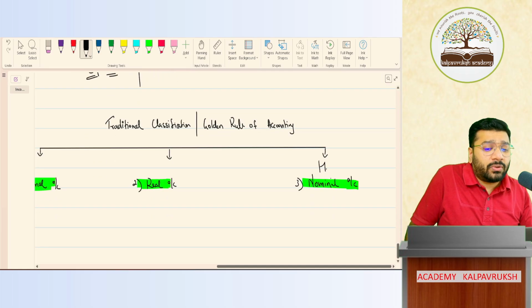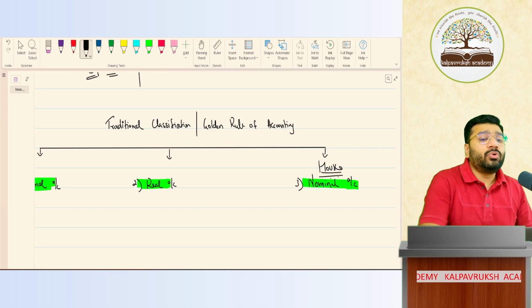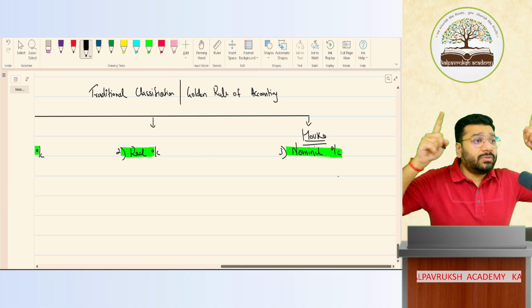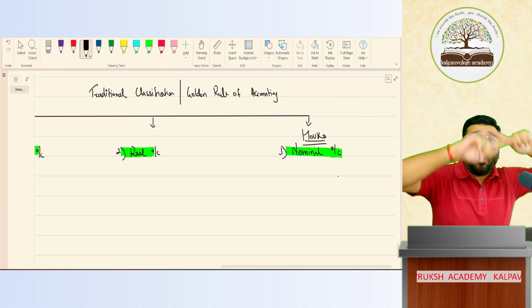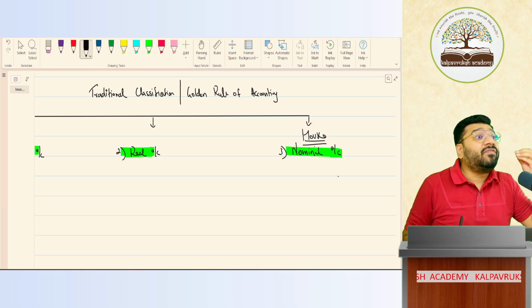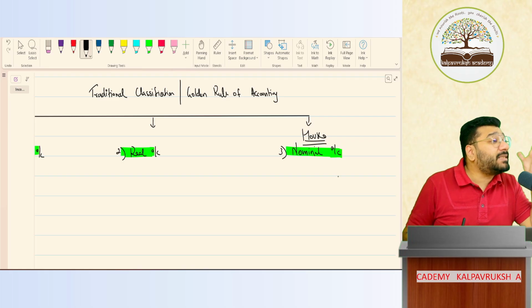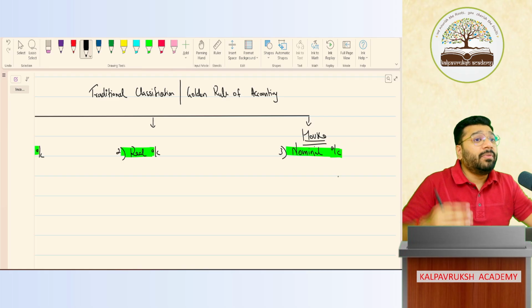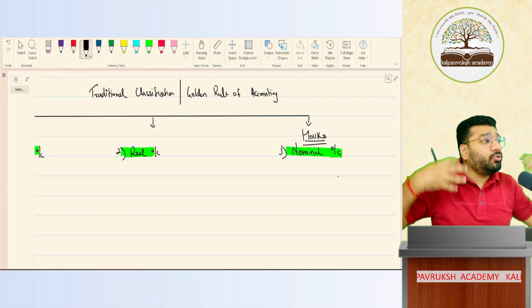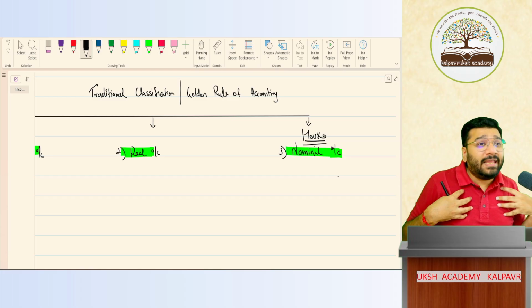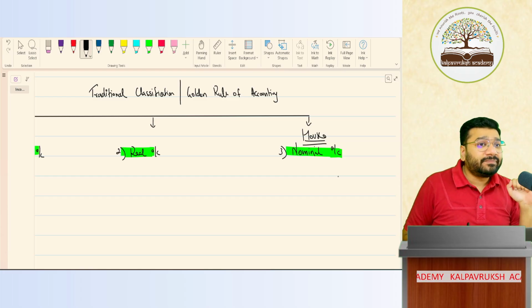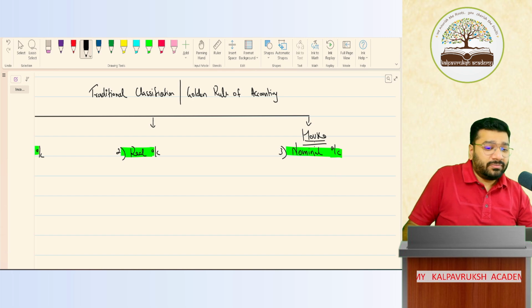I call this a house. Nominal account says that all the accounts which have the flavor, the taste, of expenses and income, you come to my house. Which house is inviting expenses and income? Nominal account.